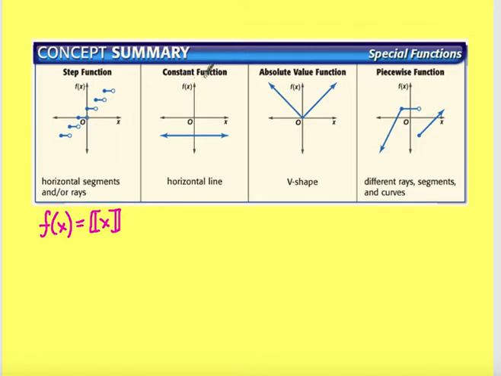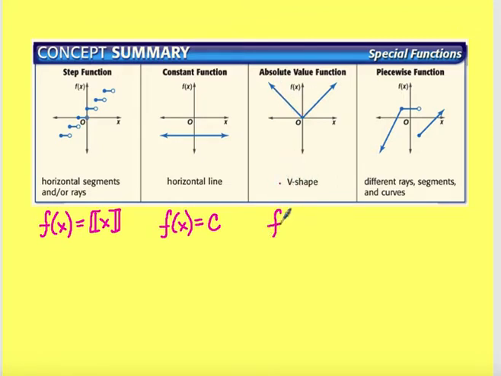Our second function is a constant function. This one is familiar to you. This is when f of x is equal to some constant, whether it's 4 or 5, but it never changes. It constantly remains level at that value. Our third function is the absolute value function, which makes a V shape.